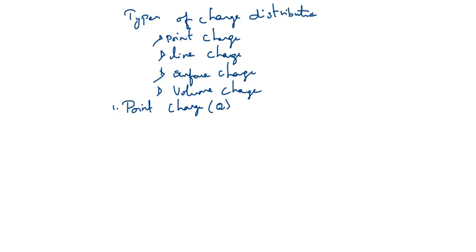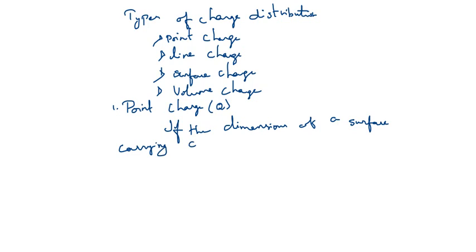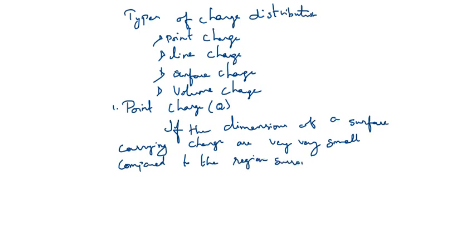So here this can be mentioned as, if the dimensions of the surface carrying charge are very small compared to the region surrounding it, then the surface is considered as a point.